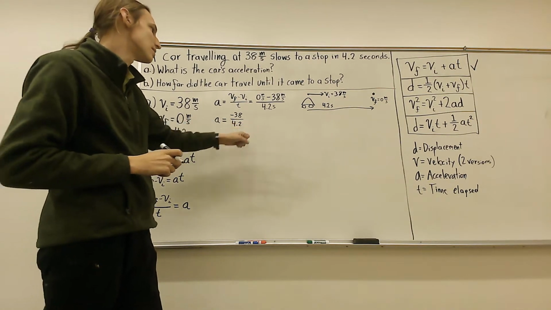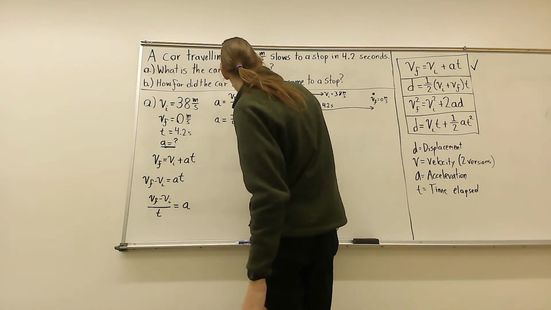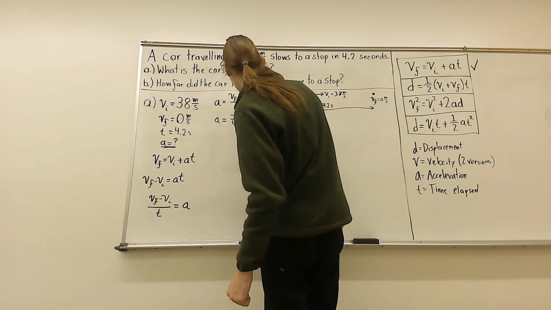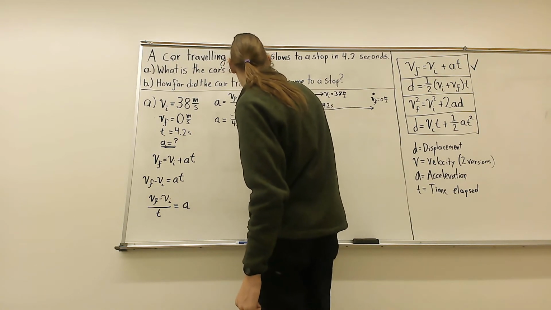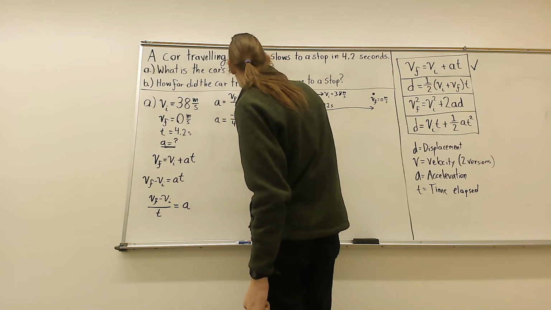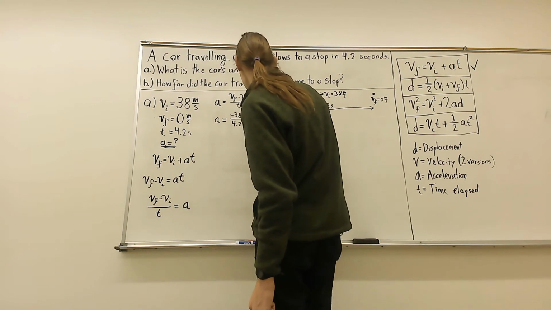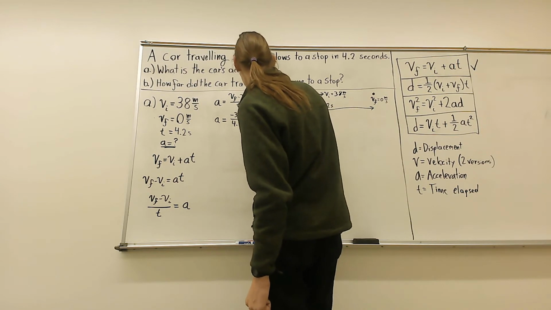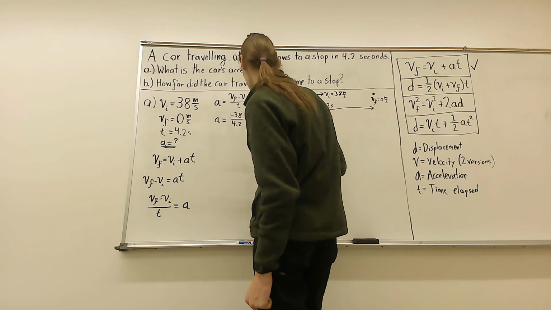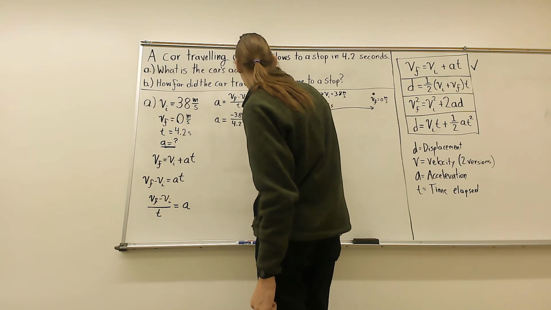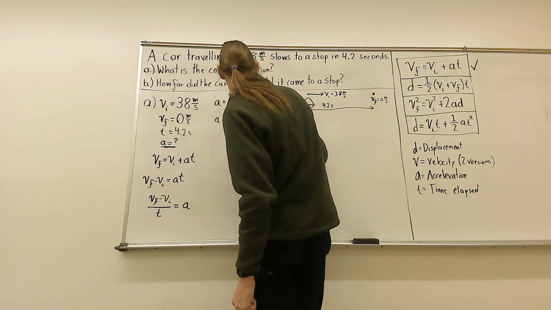And now let's look at the units. In this part, we have meters per second divided by seconds. That's the same thing as multiplying by 1 over seconds, which is the same thing as meters per second squared.